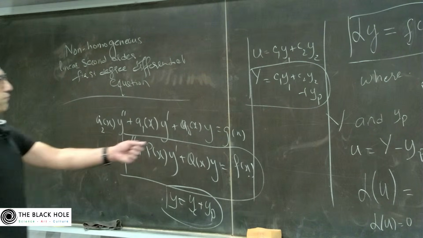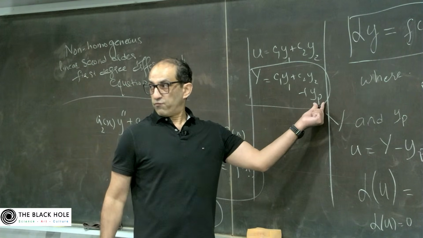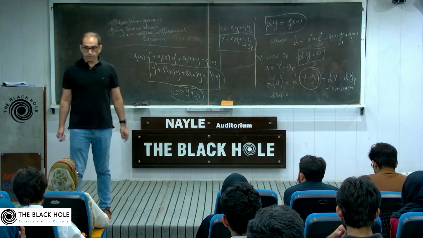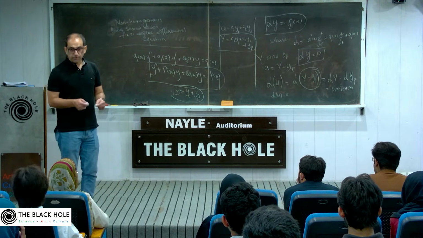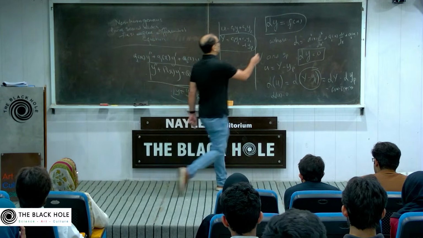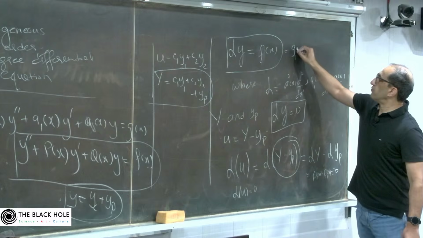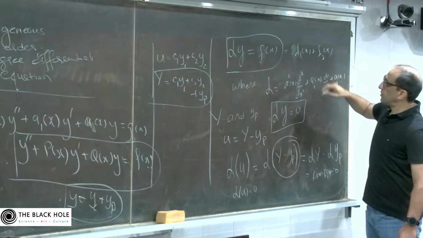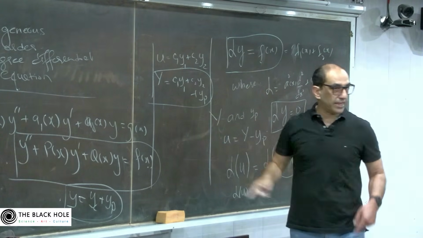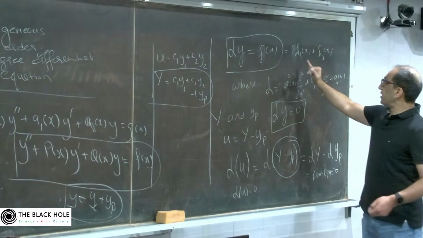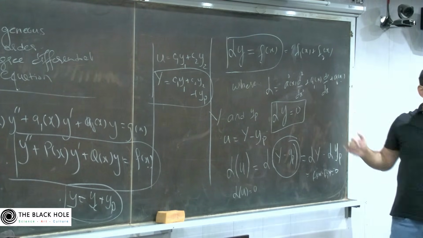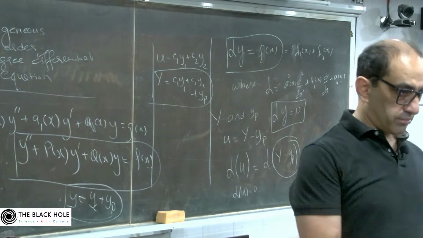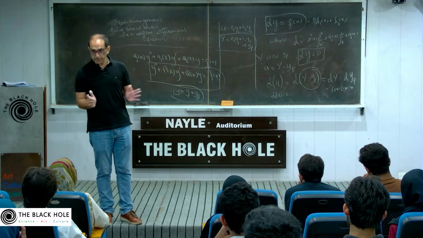Similarly, if you have yp1, yp2, you can show that, let's say the input is f1 of x plus f2 of x. So if you write two yp's like yp1 plus yp2, it will give you f1 of x plus f2 of x, and that is how you need to deal with it, that they can be treated independently.